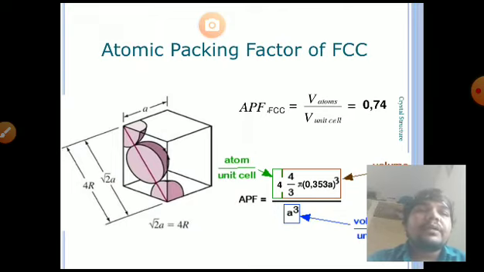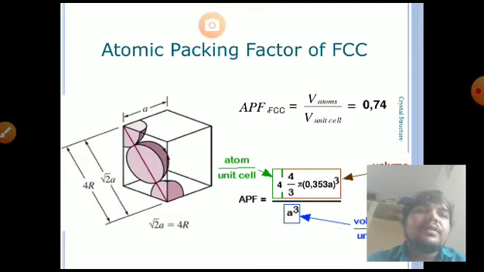Atomic packing factor. Here the radius of the atom in the unit cell, that is 4r is equal to root 2a, that is r is equal to root 2a by 4, where the number of atoms in the unit cell is 4.